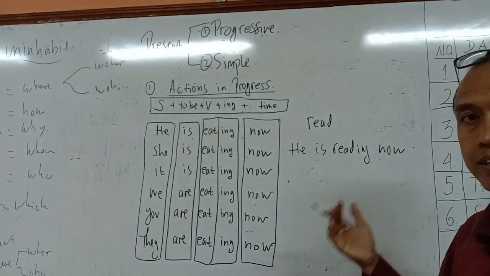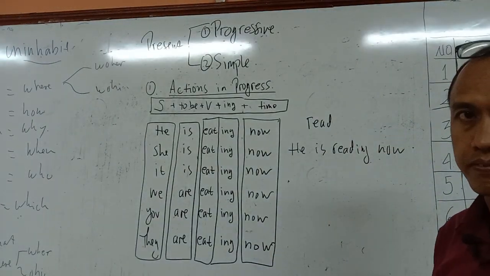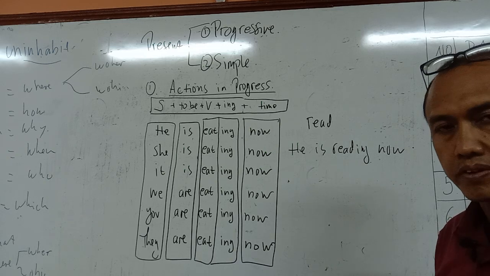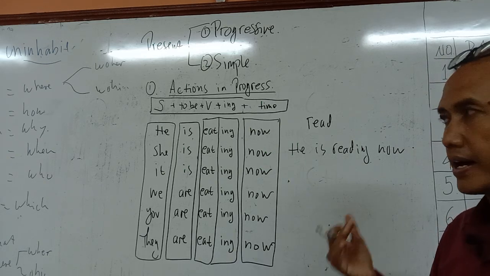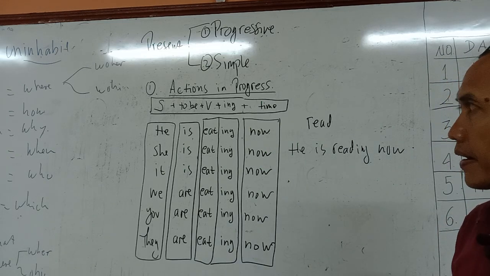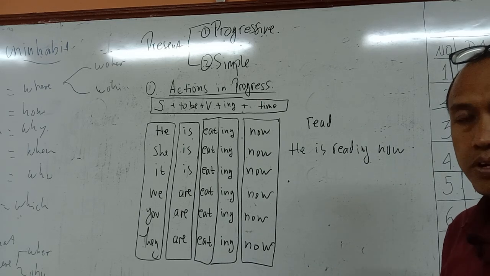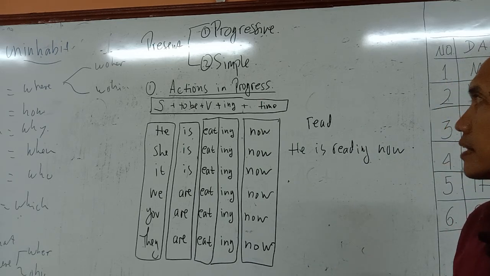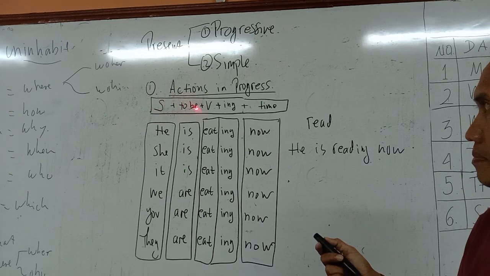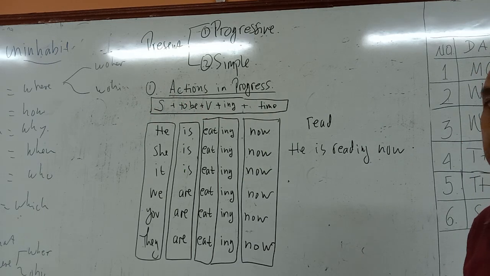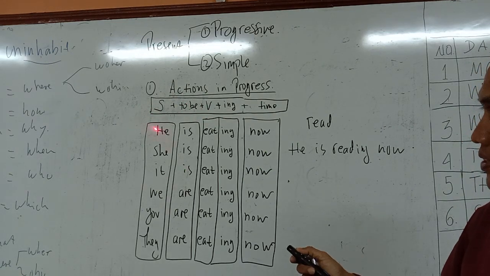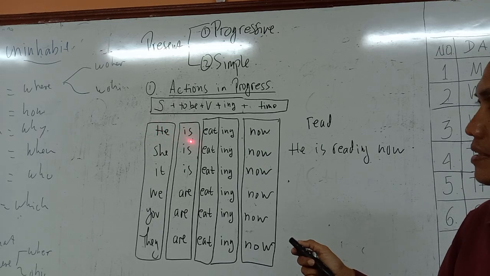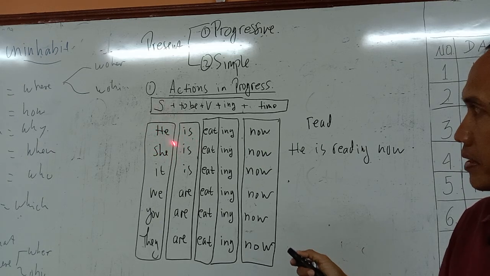Okay, that is the present progressive. Remember, present progressive is to express actions in progress, and how to form it is like this: subject, to be, verb plus ing, and time. It depends on the subject: when the subject is he, the to be is is. She, is.